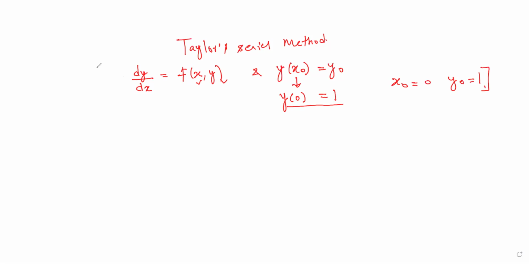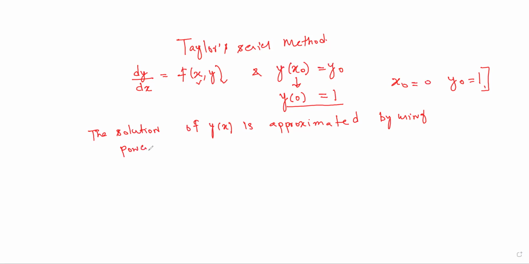Now the solution of y of x is approximated by the Taylor's formula, by the series expansion, using a power series of x minus x naught.